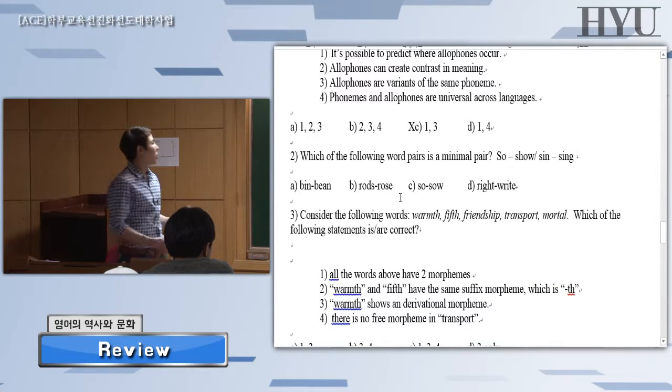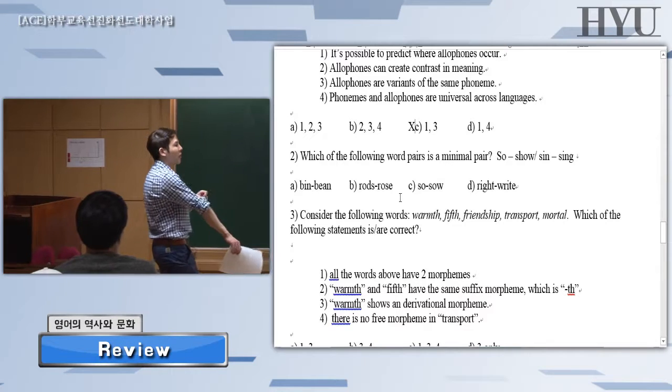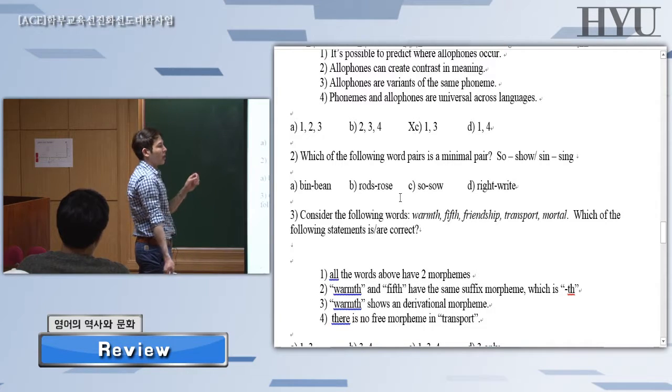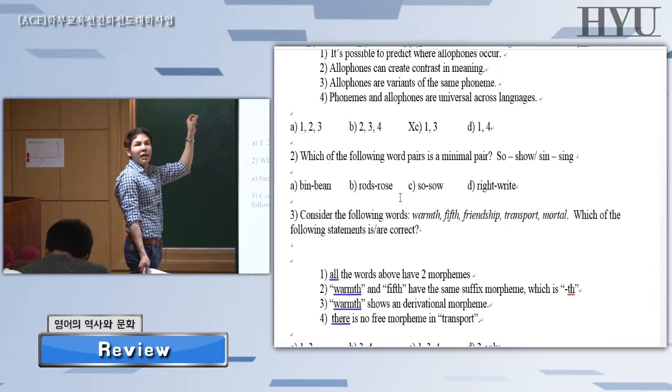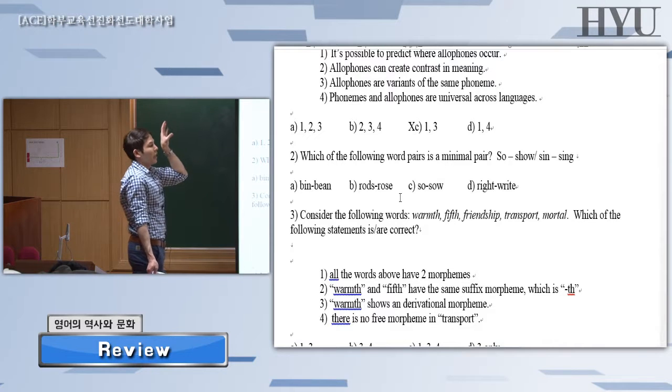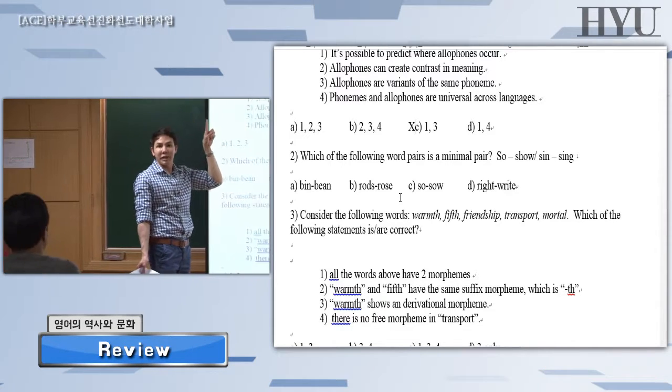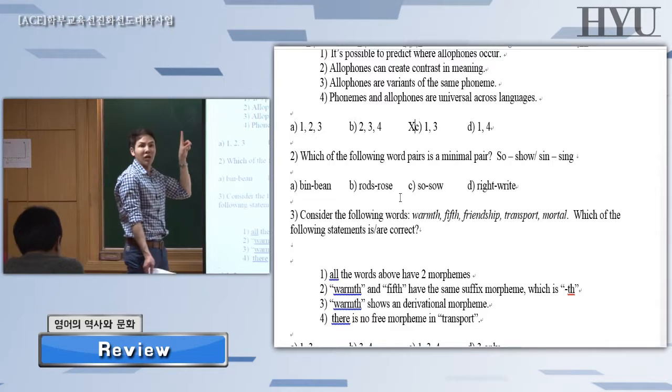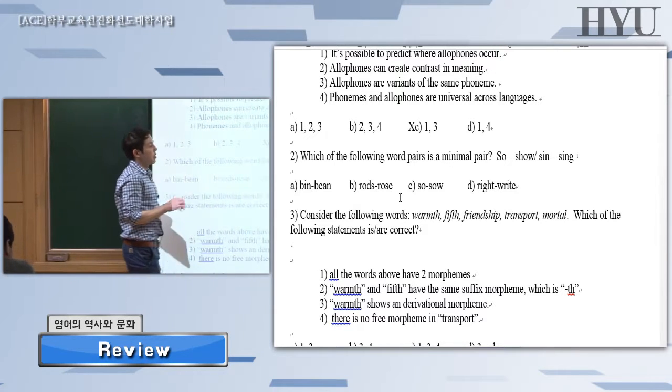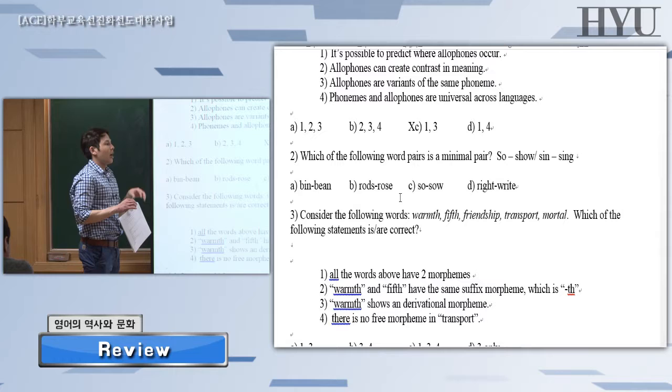Question 2. Which of the following word pairs is a minimal pair? So again, a minimal pair is a pair of words that is different only in one respect, only in one thing, right? We use the minimal pair to test a phoneme, to test whether a sound is a phoneme or not, right?